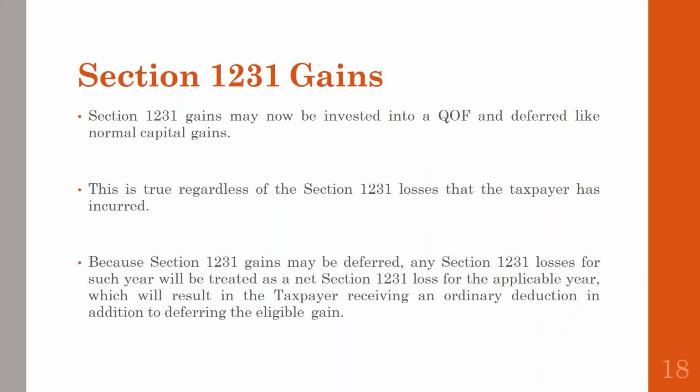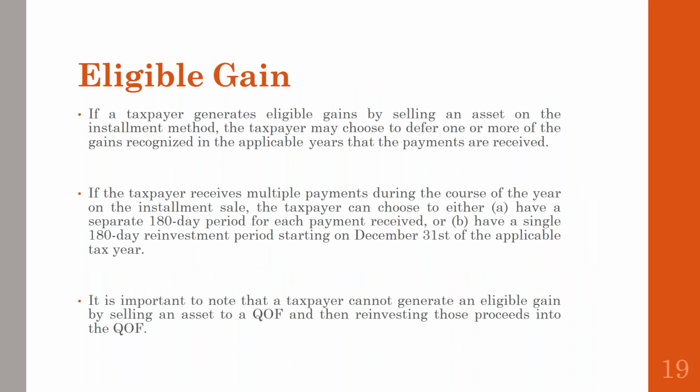And because they can be deferred, you get the benefit of the ordinary deduction in the year that you take that, in addition to having the benefit of deferring the tax on the eligible gain. So the combination of those two items is a nice little point that's been clarified with respect to 1231 gains.